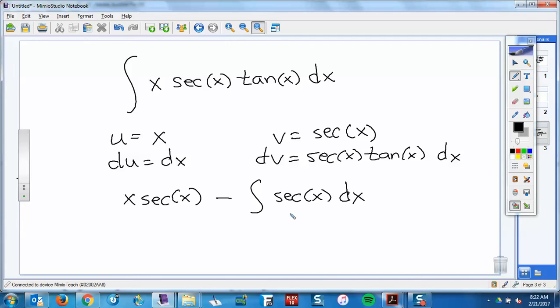So I think doing the antiderivative of secant is probably one of those where we would actually do integration by parts again. We would probably let that be the u, and then the dv just be the dx. So this might end up being one of those that kind of switches back and forth a little bit.